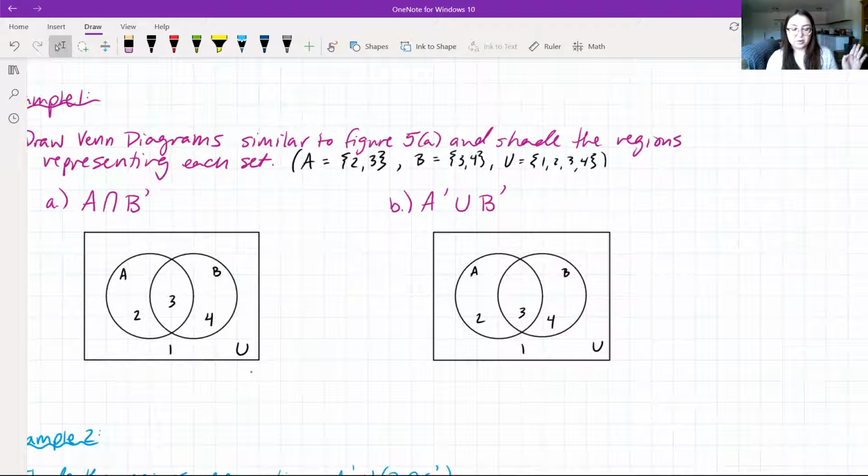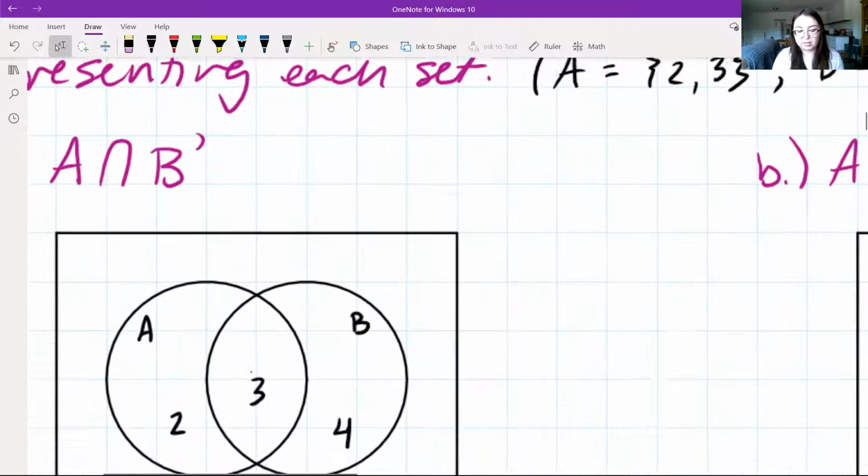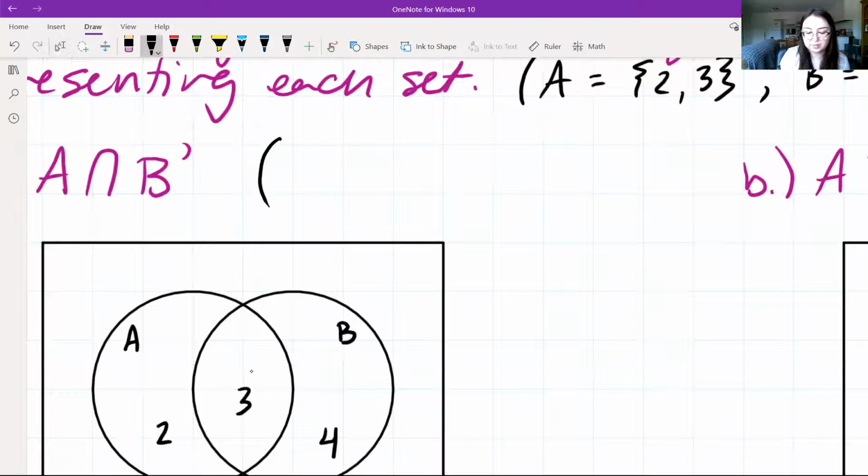All right, so we found what our set A is, what our set B is, and what our universal set is. We're trying to find A intersect B complement, or B prime. We know that B is 3 and 4, and B complement, or B prime, is everything that's not in B. So first things first, we want to find out what B complement is.